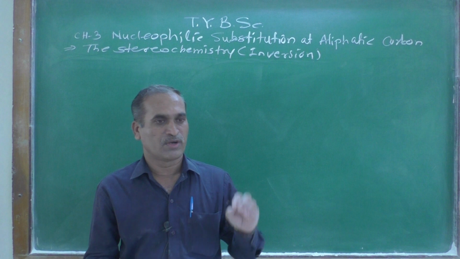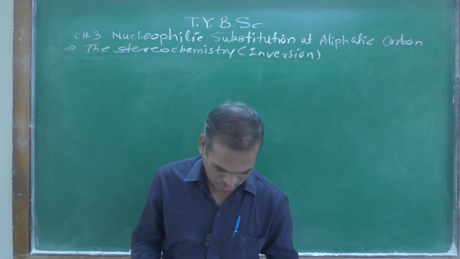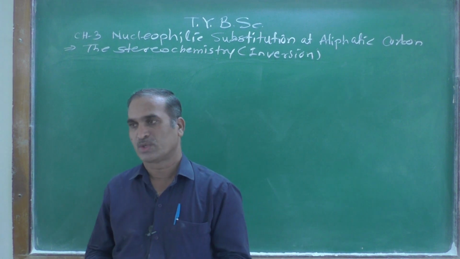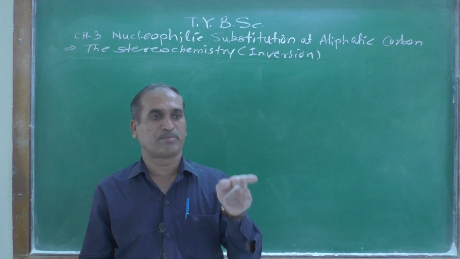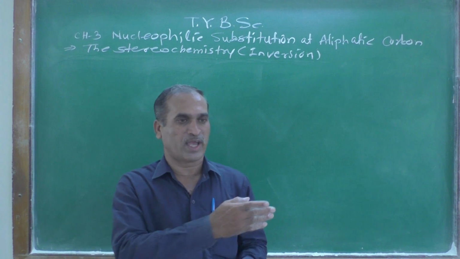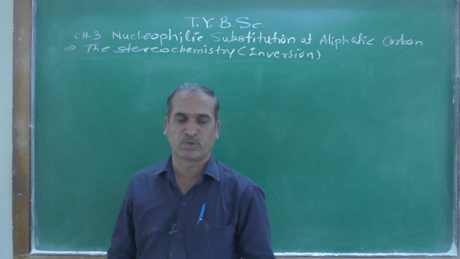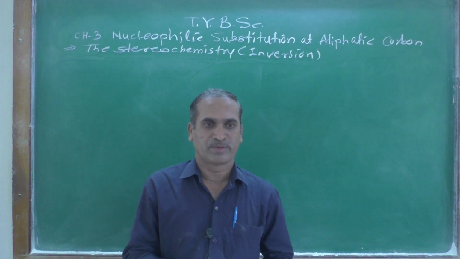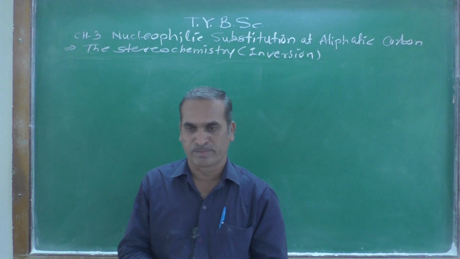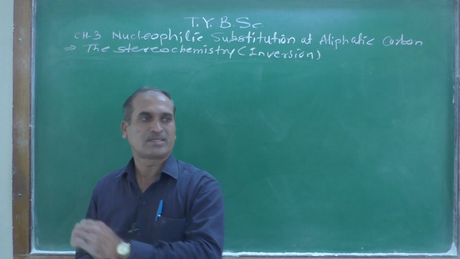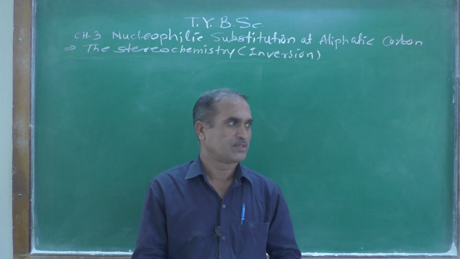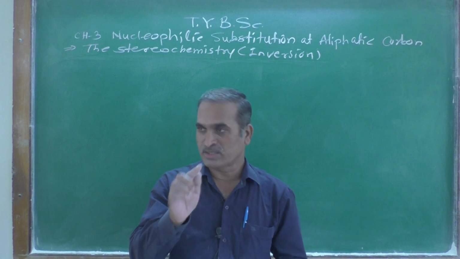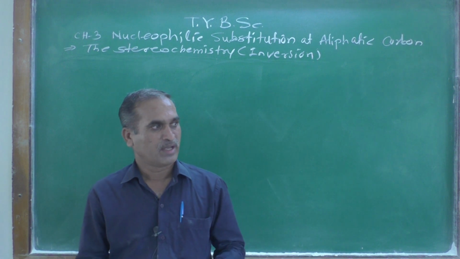A bad leaving group is converted into a good leaving group, then attacked by a weak nucleophile, then the tosylate group departs. The tosylate group is an excellent leaving group because it is stabilized by resonance through the S=O group.